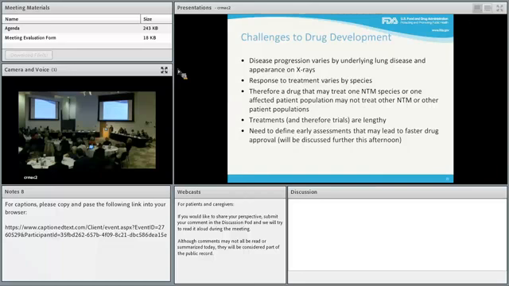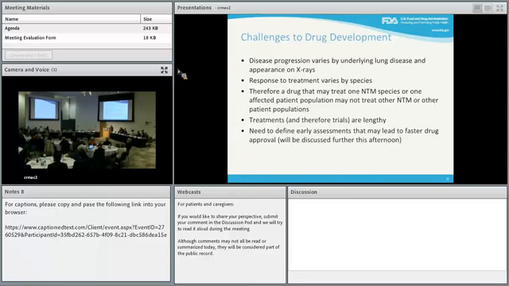There are many. The first one is that the disease progression really varies by the underlying lung disease, by the appearance on chest X-ray, and by the infecting organism. A patient who has bronchiectasis and is infected with Mycobacterium avium and has nodular disease will have a different disease course than somebody who has cavitary disease, or somebody with cystic fibrosis, or infected with Mycobacterium abscessus.